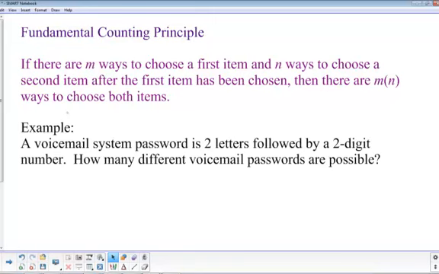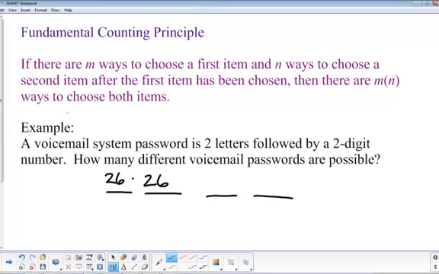Okay, a voicemail system. Password is 2 letters followed by 2 digits. So for the 2 letters, there's 26 letters in the alphabet. And there's 10 numerical digits, 0 through 9. So if I multiply this out, I get 67,600.